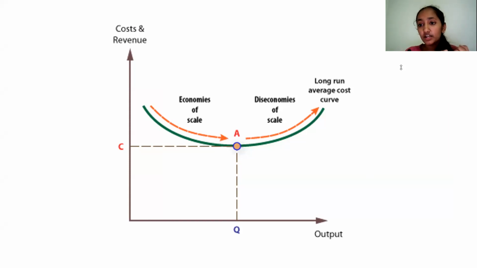And it will not be cheap because they might charge us extra money for helping us. So that will be a cost. That is the diseconomies of scale. So economies of scale is when I produce 10 and I can transport 10 using my hands, and it becomes diseconomies of scale if I have to use my friends' help to carry the other 10 chocolates. I hope you understand it better right now. And this is how it is represented on a graph. It is a long run average cost curve.